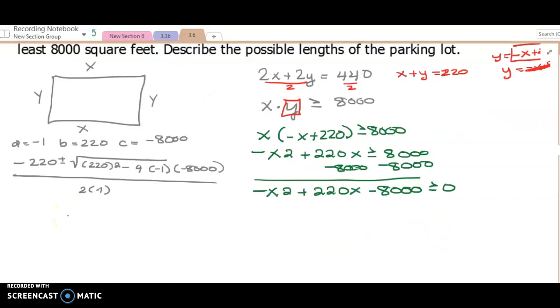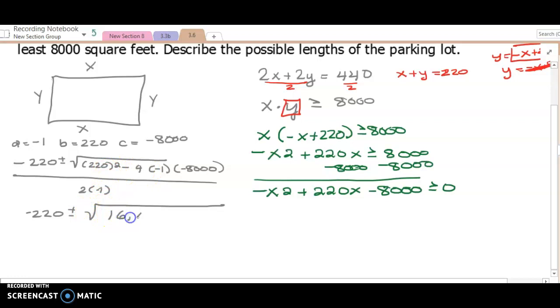If I clean this up a little bit, this is negative 220 plus or minus the square root of, if I put all this together, a negative and a negative make a positive, so I'm going to add these. You should get 16,400 over negative 2.